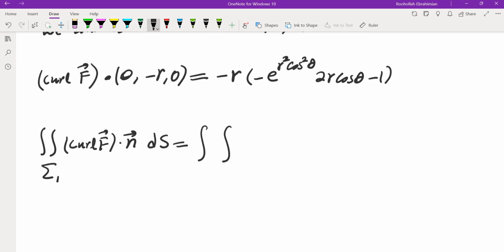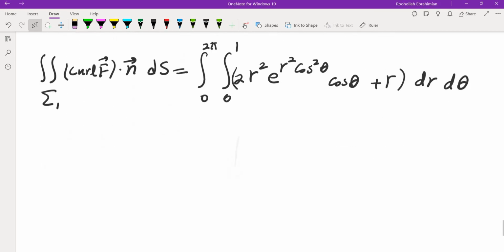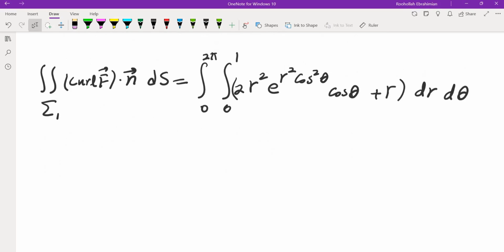And then we'll have to integrate this from 0 to 2 pi for theta and from 0 to 1 for r. So it would be plus, the negative signs multiply, and we get plus 2r squared e to the r squared cosine squared theta cosine of theta, minus plus r, dr d theta. Okay, so this integral is a little bit complicated, but in fact it's not too bad if you swap the order of integration.